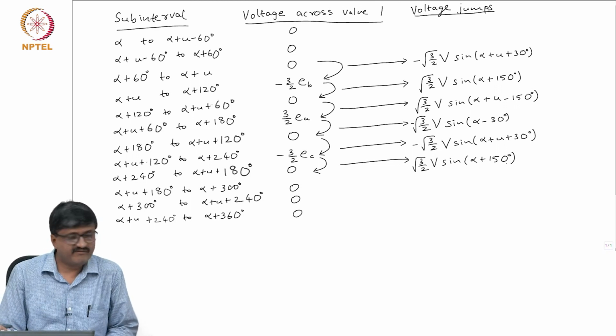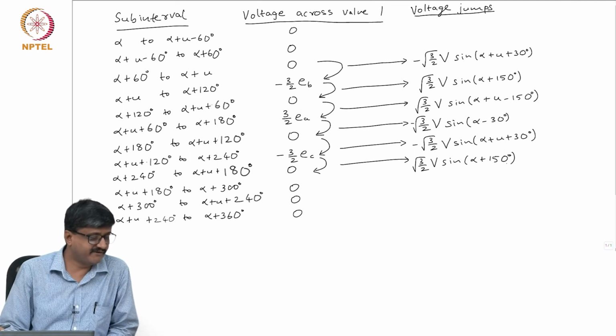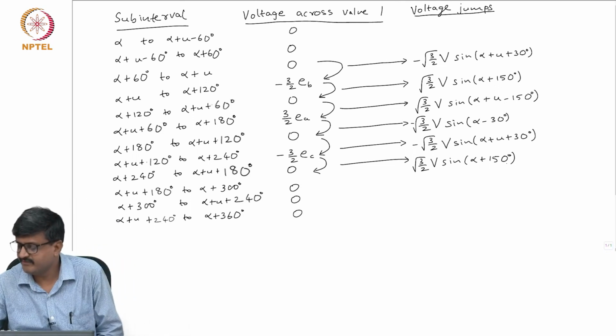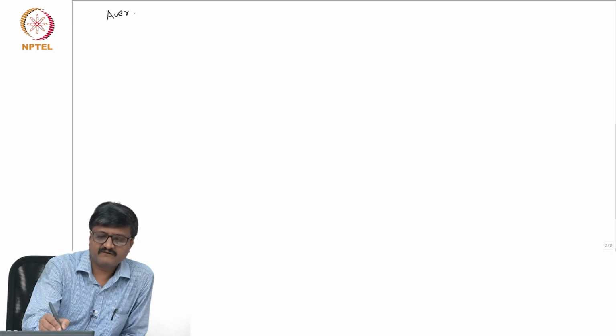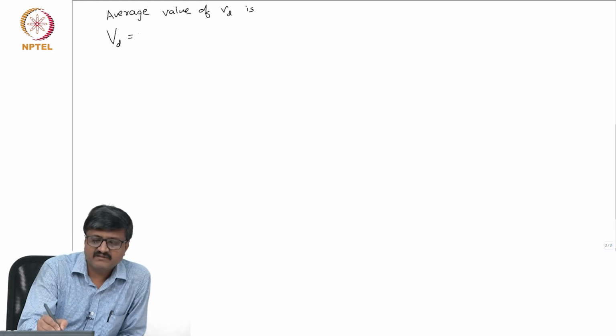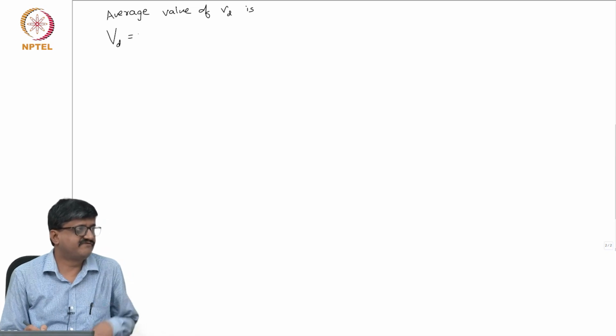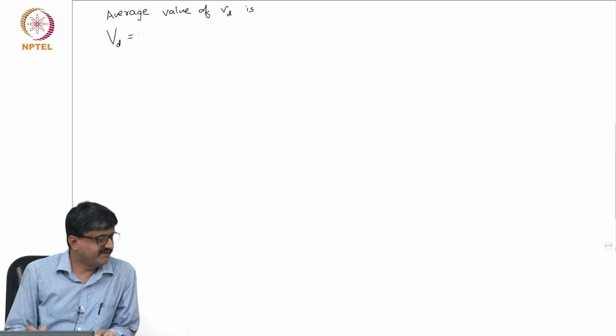From the column for VD, which gives expressions for VD in the 12 subintervals, we can get the average value of VD, denoted by uppercase V with a subscript D. I know that VD repeats after every 60 degrees, so I have to just take the expression for VD for the first interval. In the first subinterval it is 0.